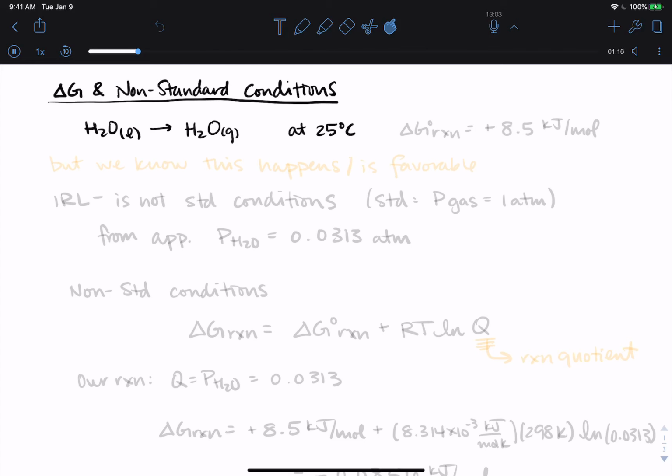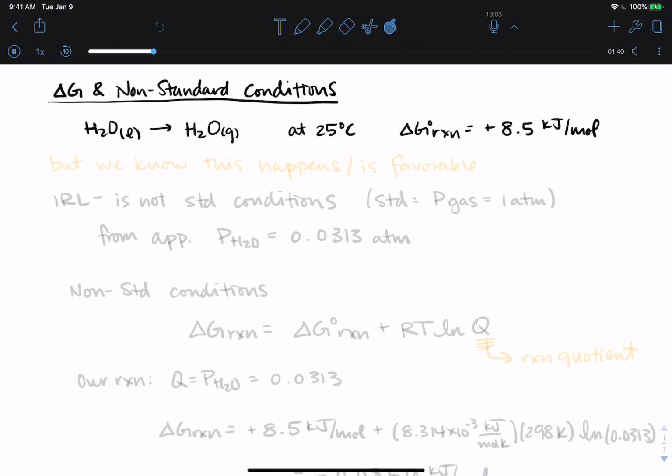So if we go get some delta G formation values and calculate a delta G reaction, we get plus 8.5 kilojoules per mole, or maybe just kilojoules, if we're going to write it next to this reaction, since it goes with the balanced reaction.